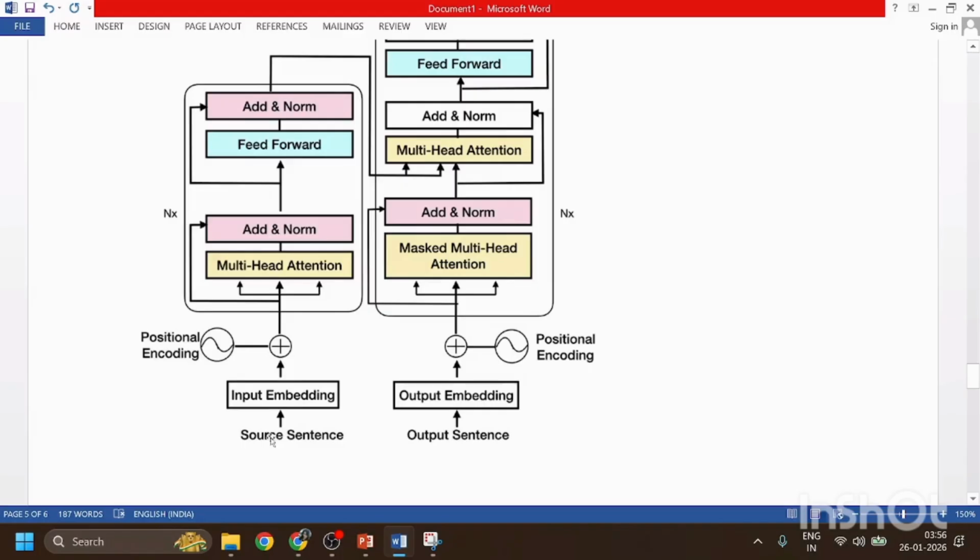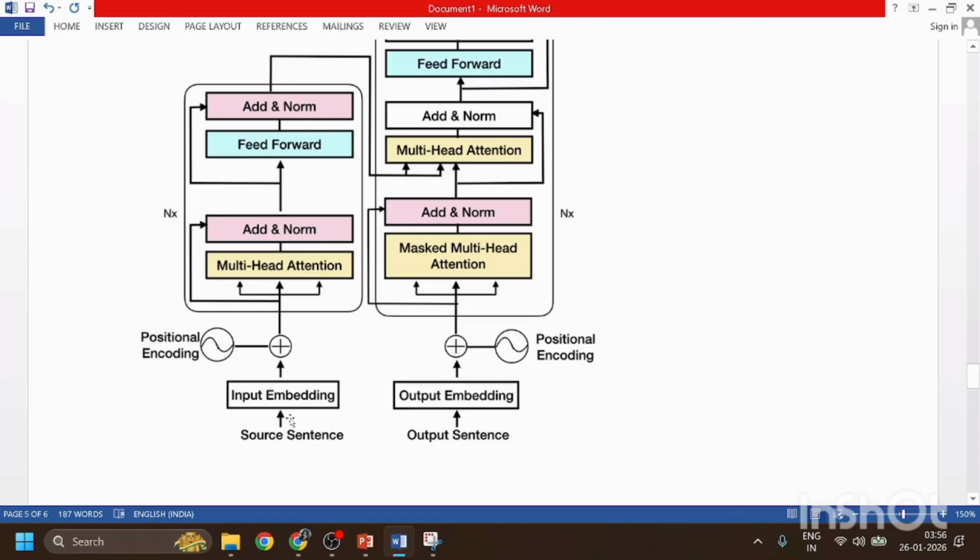So here you can see the encoder takes word embedding as the input. If you have a sentence, you need to tokenize it, and after tokenizing you need to do embedding. After embedding you need to add the positional encoding so that it maintains the order of the words. Since the transformer processes all the tokens at once, it needs positional information.